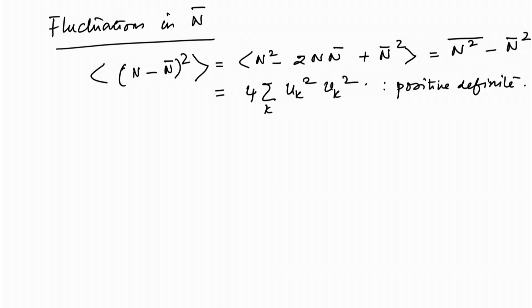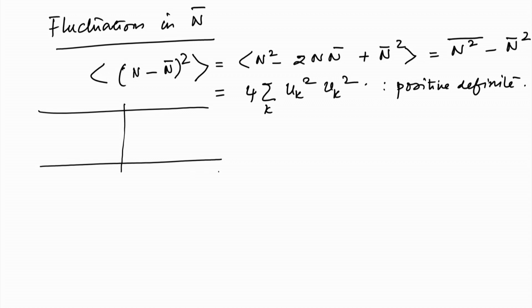So, if you write down the variation of this, this is my ε_k or ξ_k, which is equal to ε_k − μ, and v_k drops from 1 to 0, and this is my superconducting gap Δ.